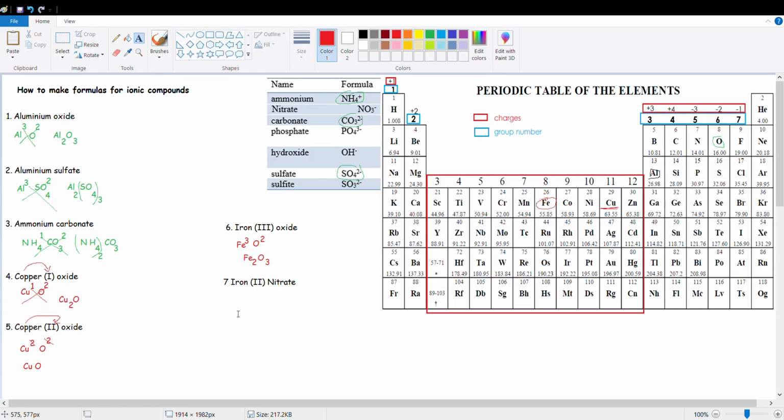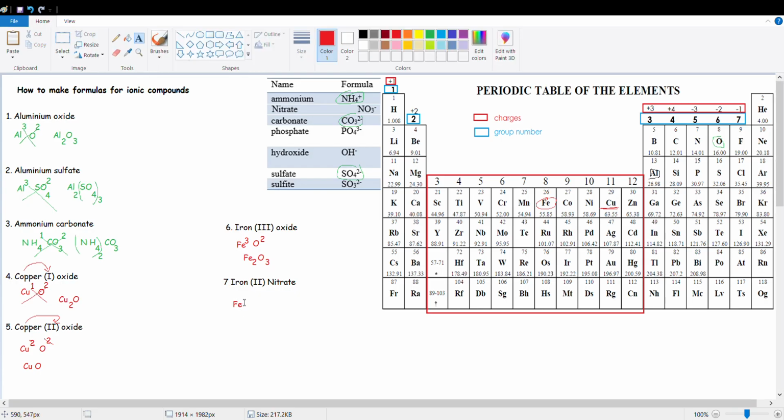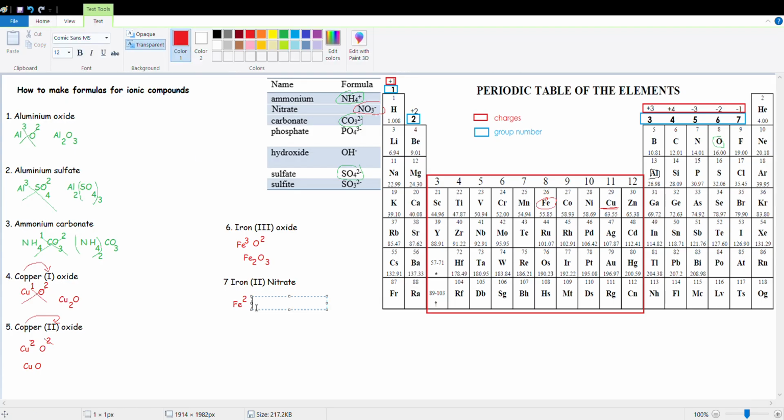The last question, which is easy, so iron, again the charge they mentioned is 2, so I write 2 here. Nitrate you can find over here, so you can see this is nitrate, so I write nitrate here, NO3.